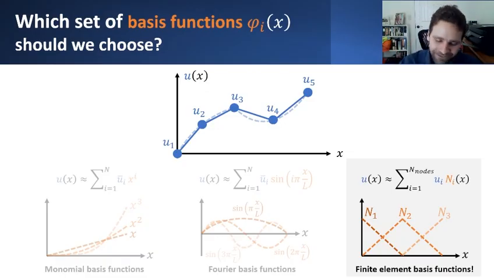And that effective property of convergent behavior under refinement of this discretization into a finite number of elements is really what enables finite element methods to be very broadly applicable and helpful in solving general problems.